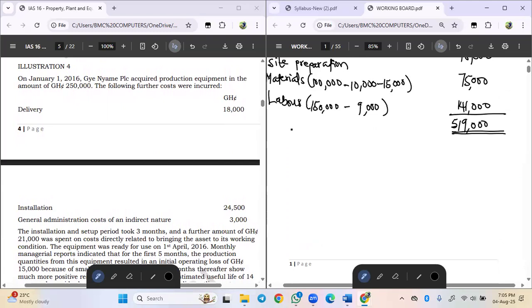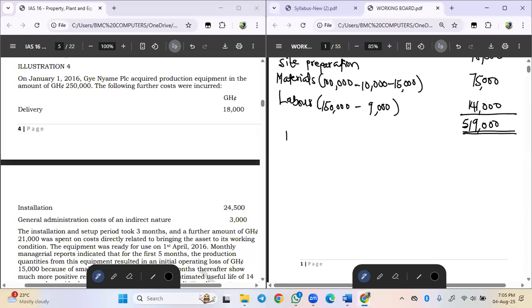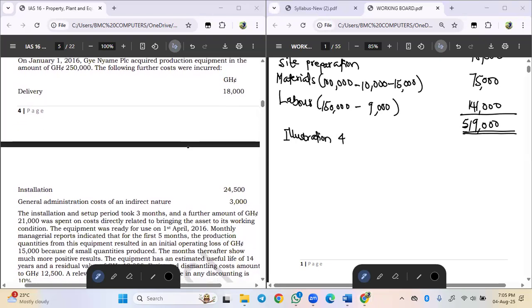Okay, so illustration 4. On January 1st, 2016, Jinyame PLC acquired production equipment in the amount of 250,000. The following further costs were incurred: delivery, installment, general administration cost of an indirect nature.